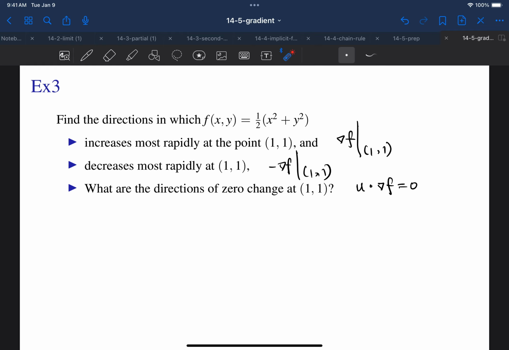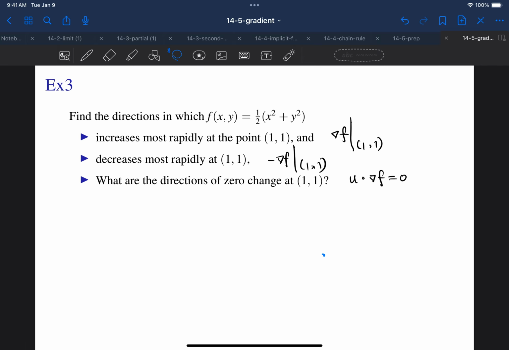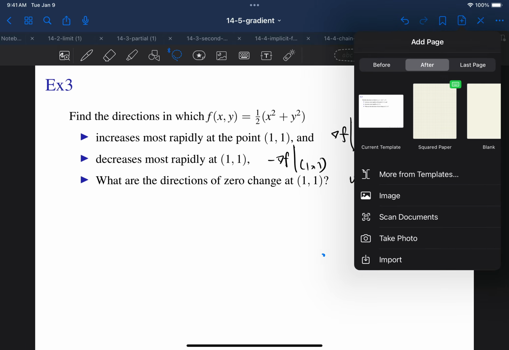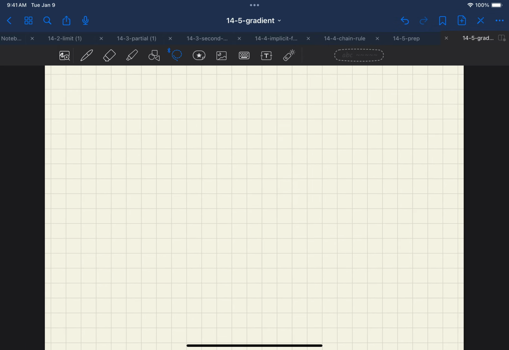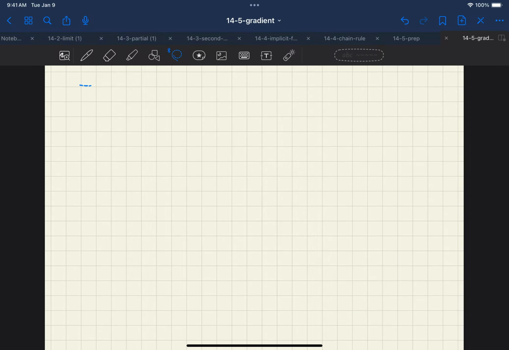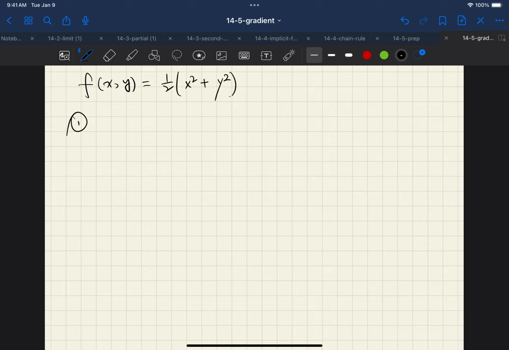All right, with this in mind, I don't need to copy that. We can have another page, and if I remember correctly, this is f(x, y) equals 1/2 x squared plus y squared. And the first question: increase rapidly. I want to translate this to math language.